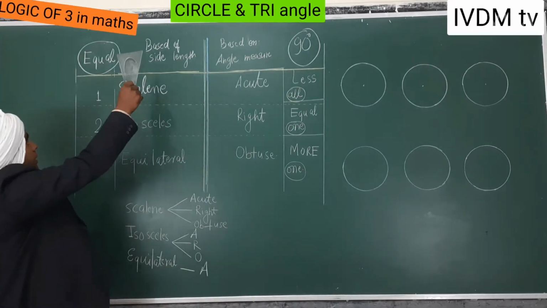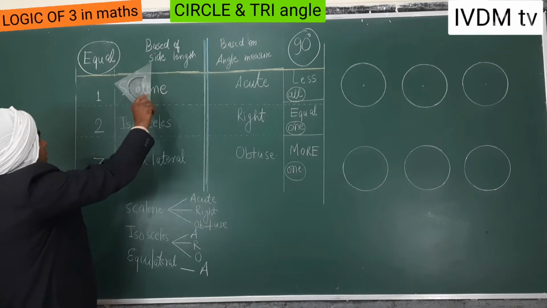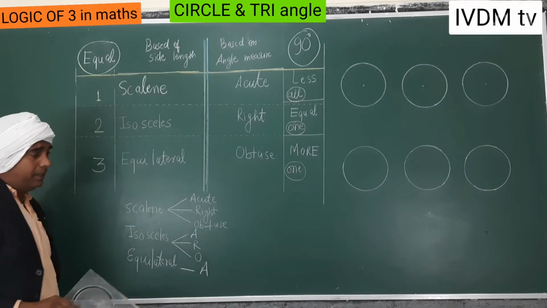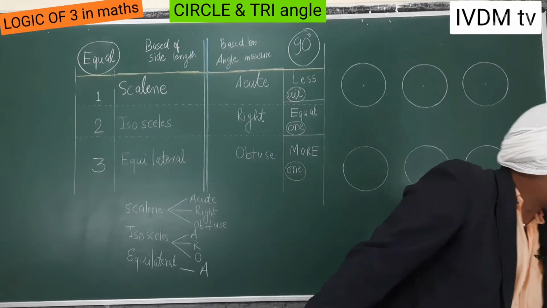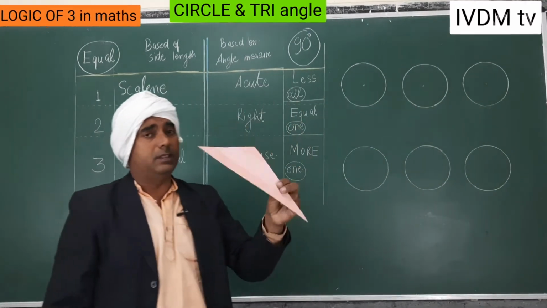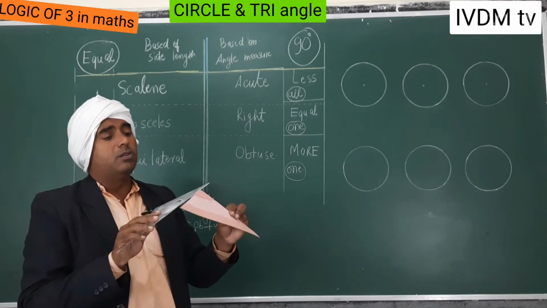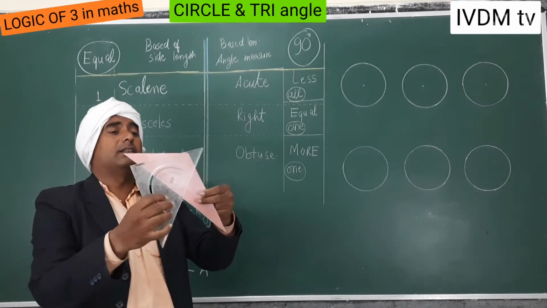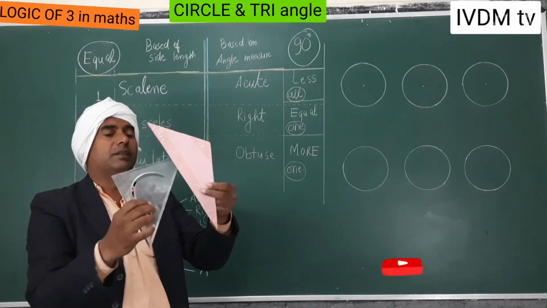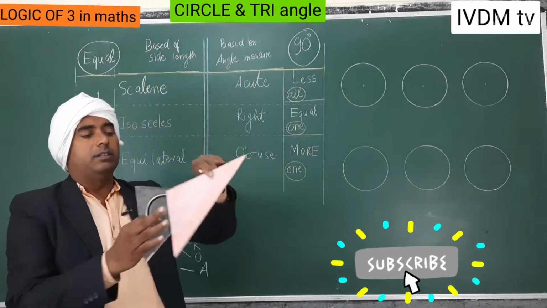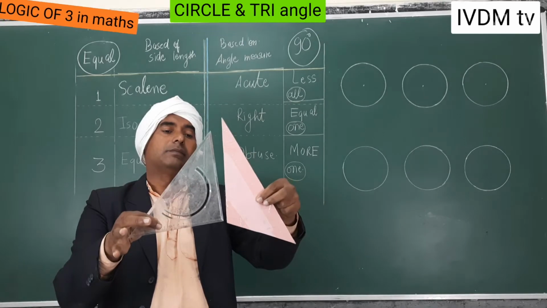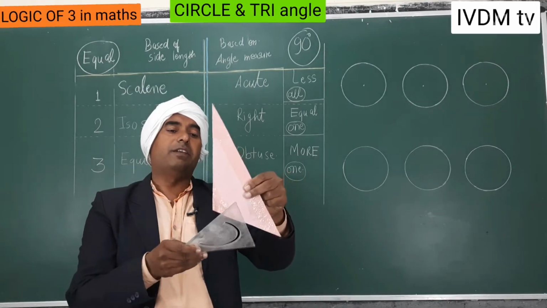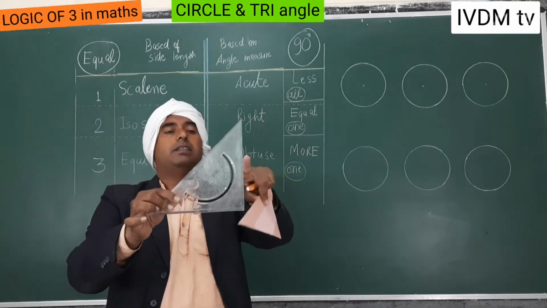The first I have written based on the side length, means we will measure the length of the sides, just like in these triangles. So length of the sides, first, second, third. These are the two different types of triangle. Here all the sides are different, but here these sides are equal.